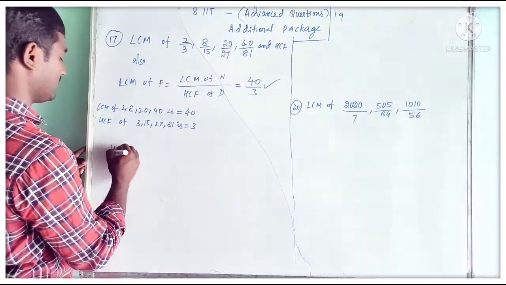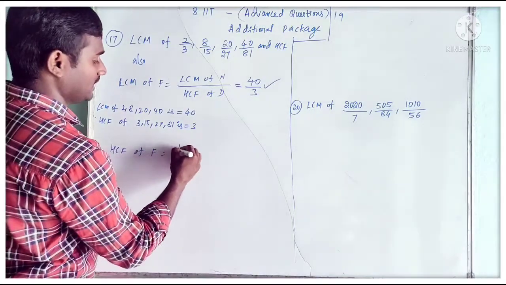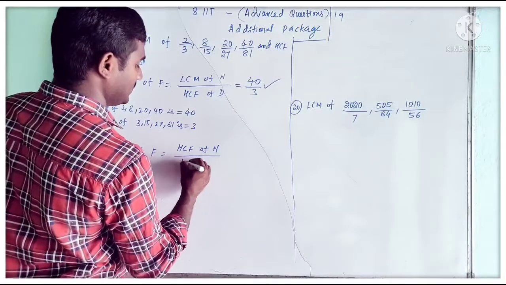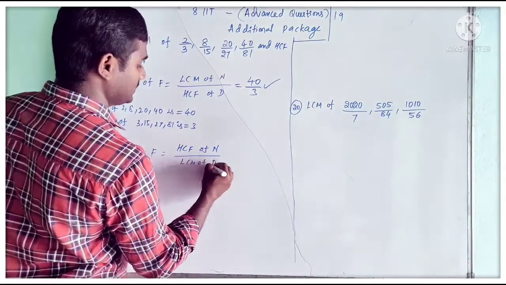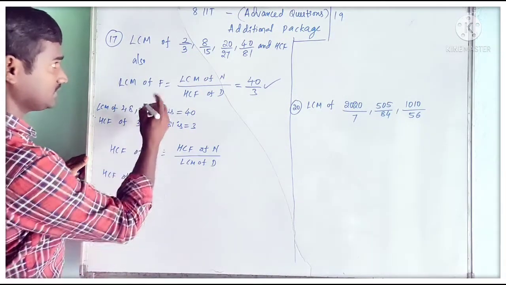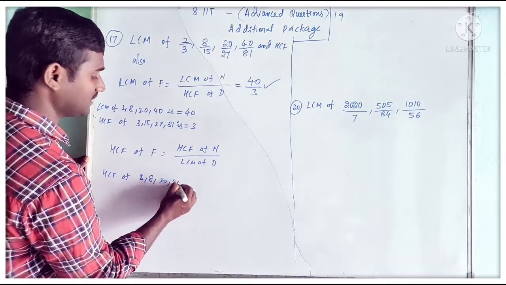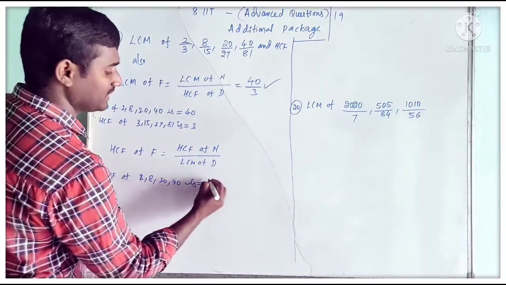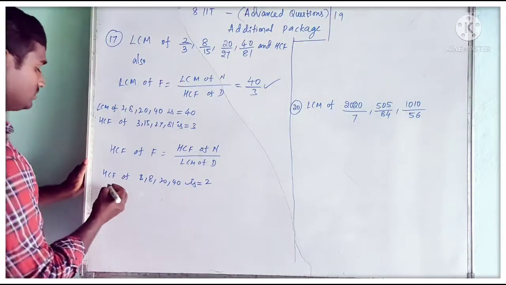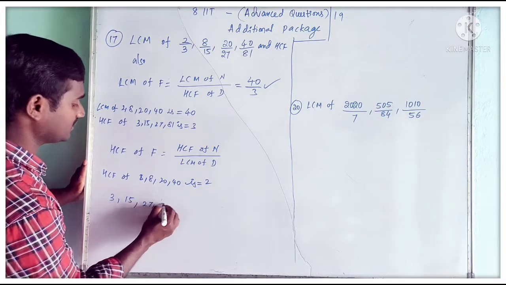Now HCF of a fraction. HCF of a fraction is equal to HCF of numerators by LCM of denominators. HCF of numerators 2, 8, 20, 40 is 2 only, and then LCM of denominators 3, 15, 27, 81.